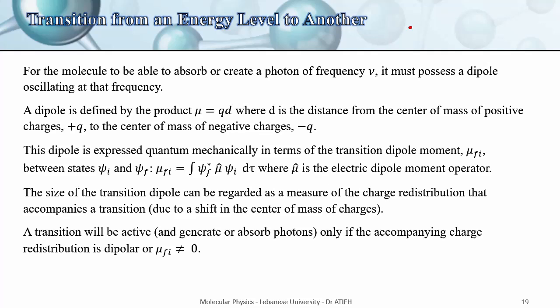So if we have here a positive charge plus q, and here a negative charge minus q, separated by a distance d, the dipole is defined as mu equals q times d, charge multiplied by the distance. This is the classical expression of a dipole.